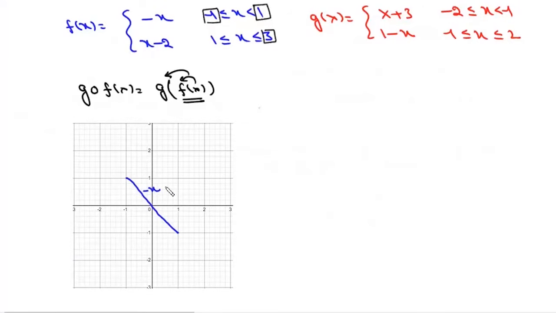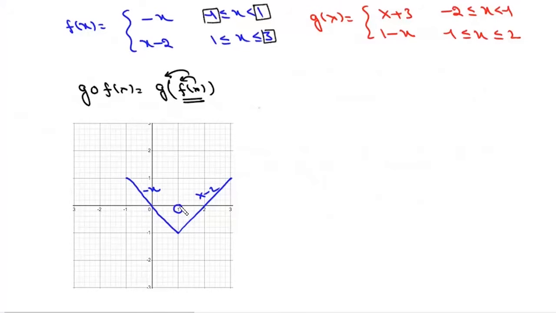So this is your minus x, and then at 1 this value is minus 1, at 2 it is 0, and at 3 this is 1. So that's the definition, x minus 2. Now there is a definition change at 1.